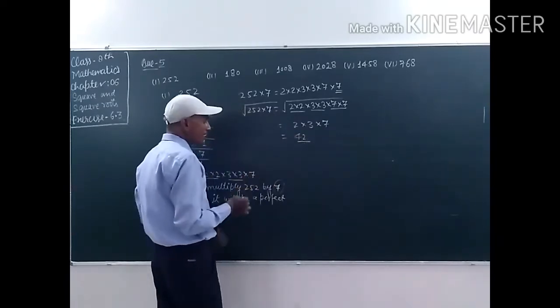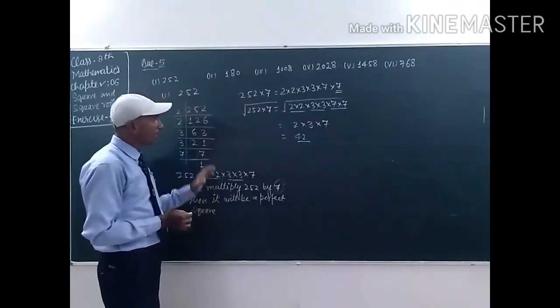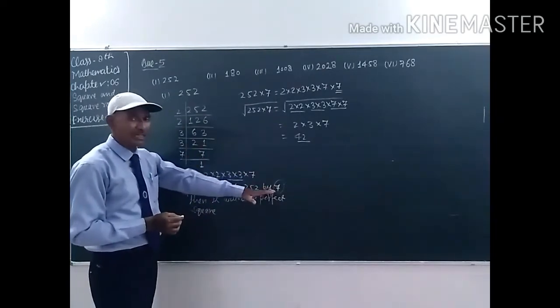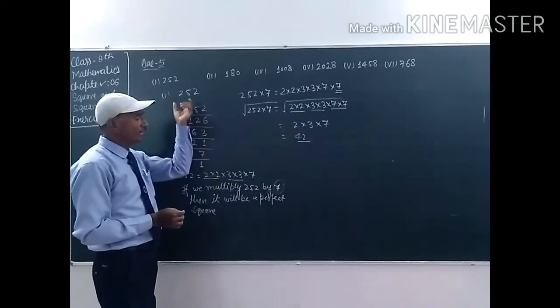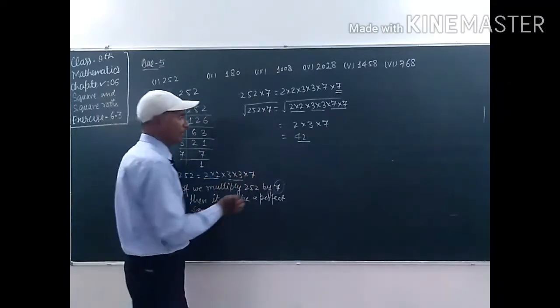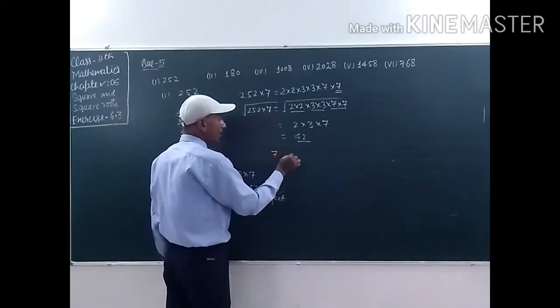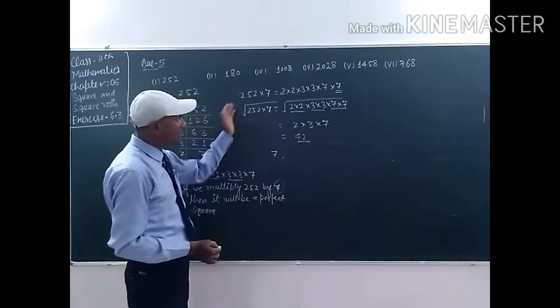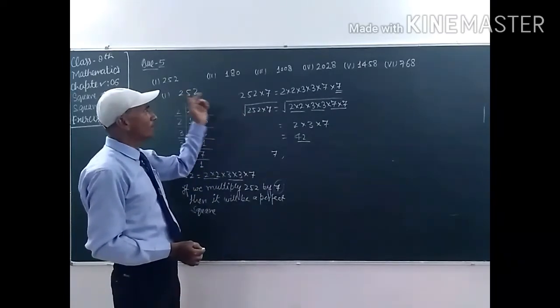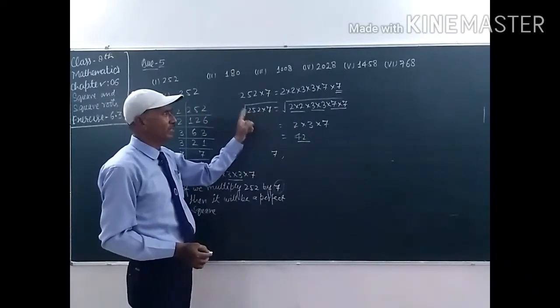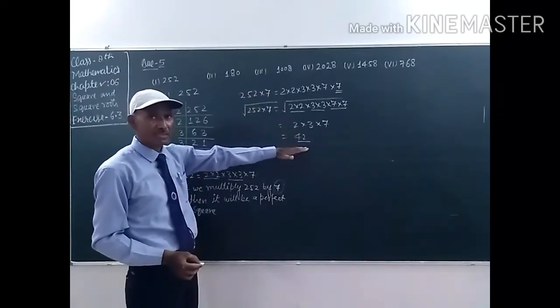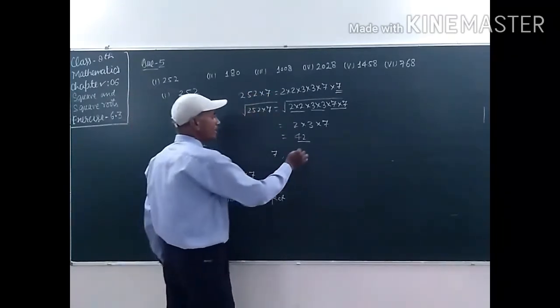So our answer is, first of all, the smallest number that is required to make it a perfect square, that is 7. So the answer is 7, and after multiplying this number by 7, we get 252 into 7, and the square root of this obtained number is 42.